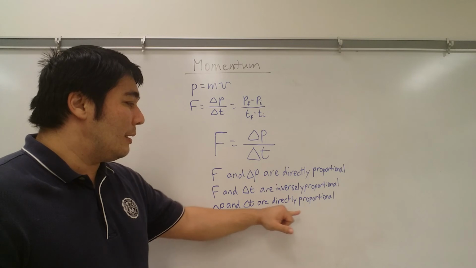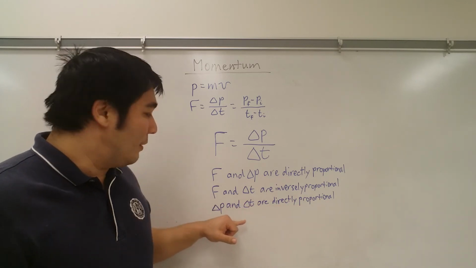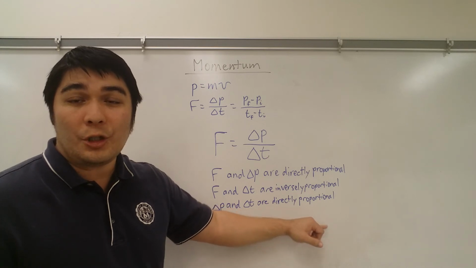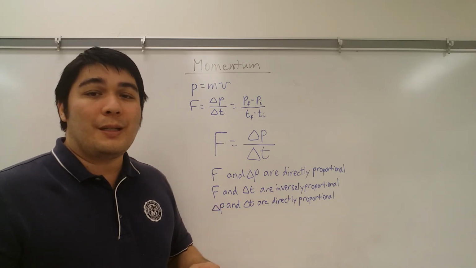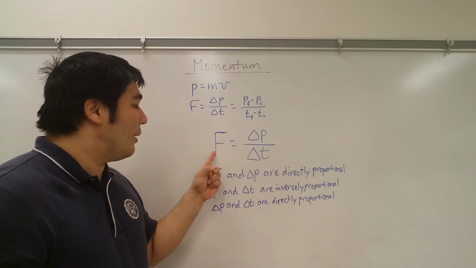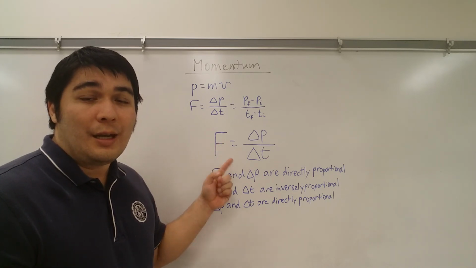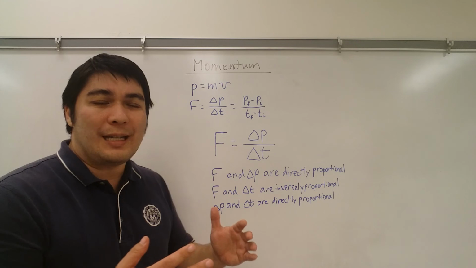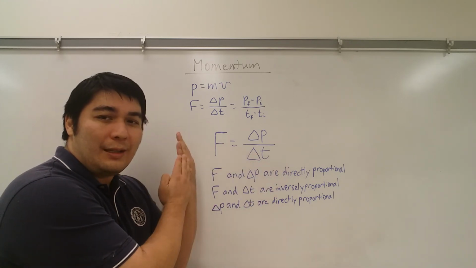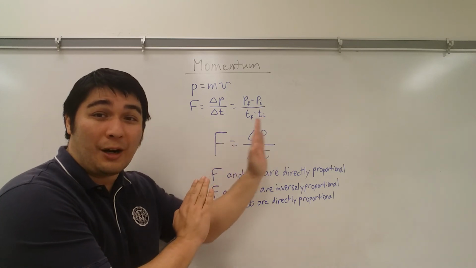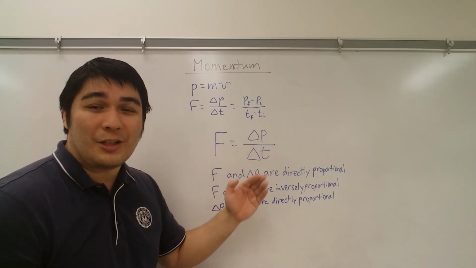Also, the last part I put on here about delta P and delta T being directly proportional. The reason I put that there was because in this case, what I want to do is show you that if the force is constant, and this kind of helps because now everything is on one side of the equation, we're holding one side of the equation constant, and we're not just holding parts of the equation constant.